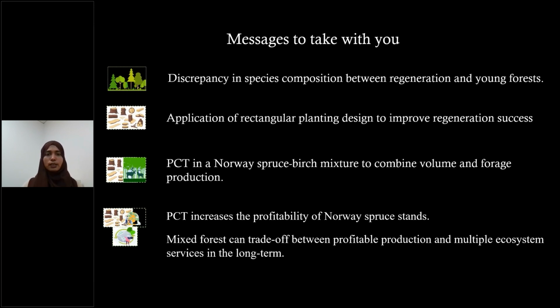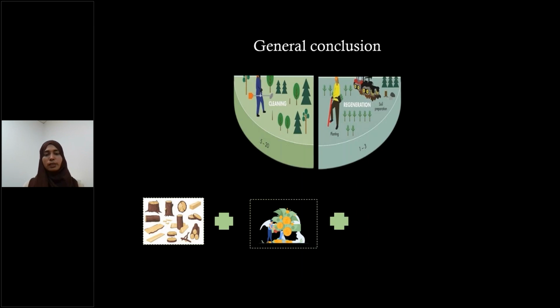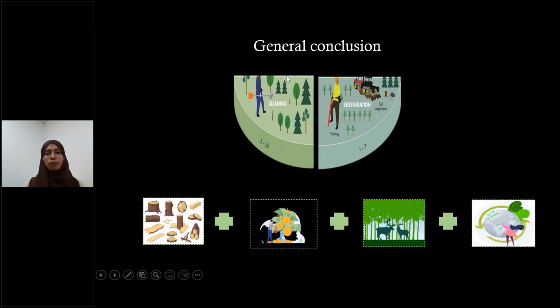So with that, I want to draw a general conclusion that it is possible to combine production, profitability, and ecosystem services by managing the young stand.